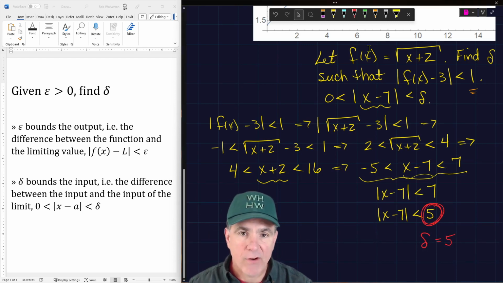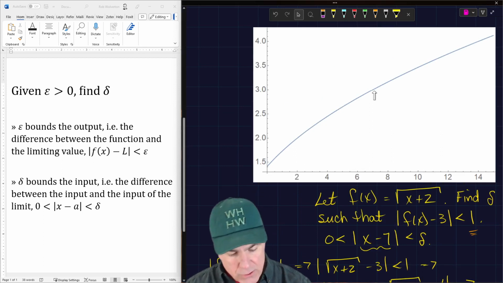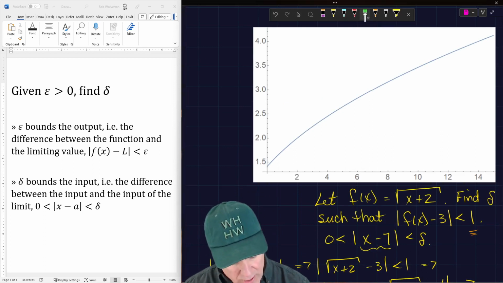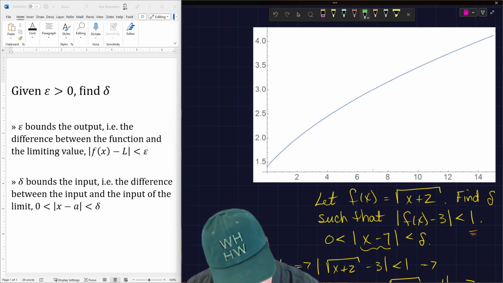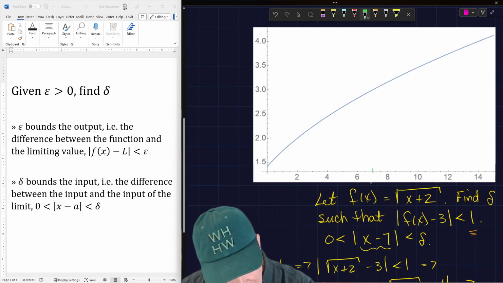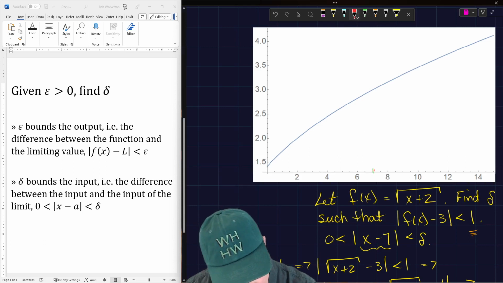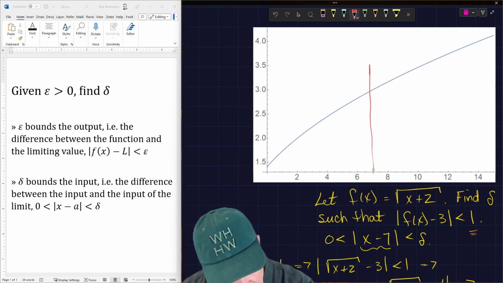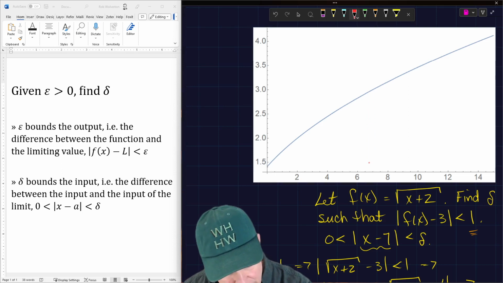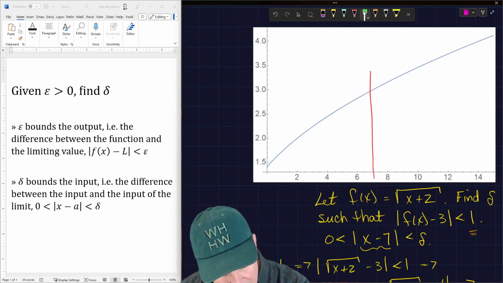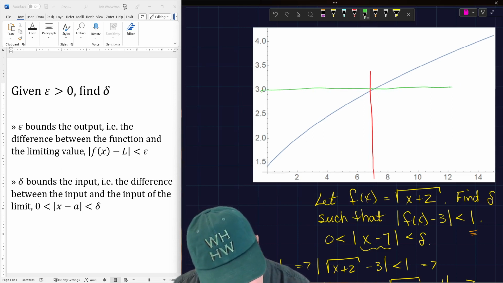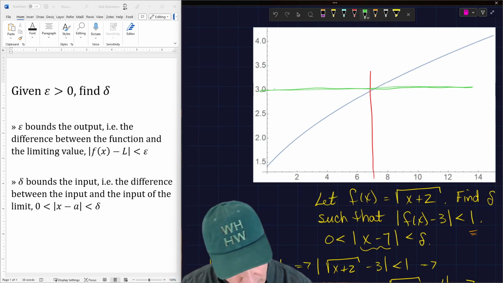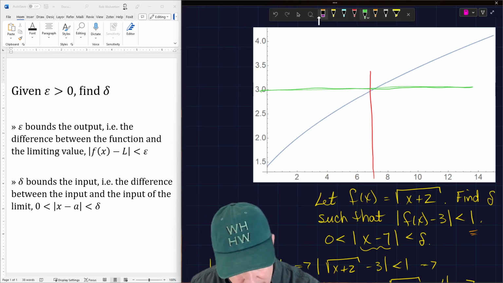Let's take a look in the graphic why this makes sense. So I'm going to come back up here, and I'm going to look at the fact that I'm expanding around 7. So 7 is here, and I'm going to use the same color scheme. So 7, trying to draw a straight line here at 7. And then associated with that is my value of 3. So I'm not quite drawing straight lines here. Apologize for that.